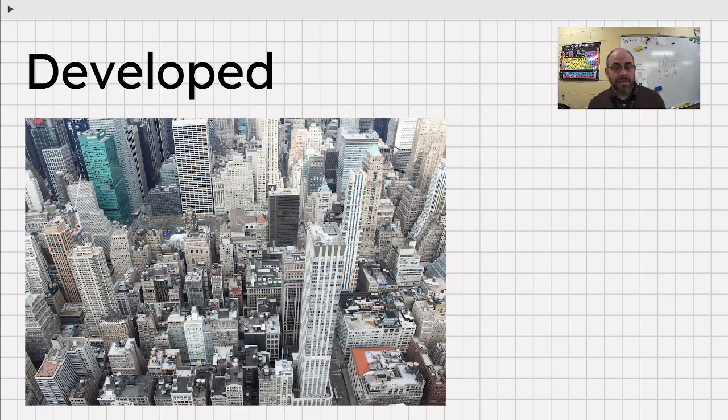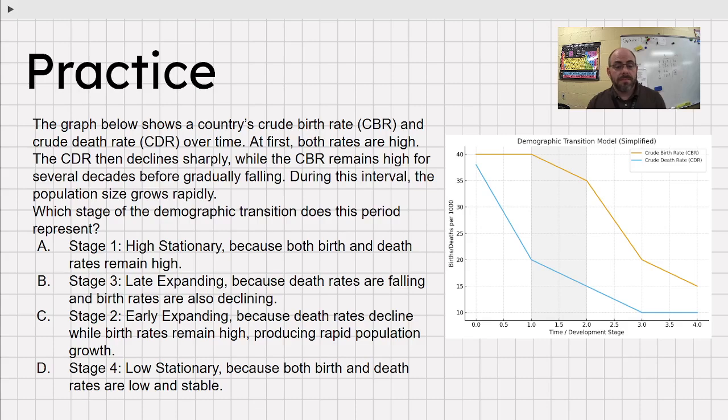Everyone's centralizing in these great big places where people live on top of each other, which is going to cause people to want to have less children, as a rule. And so as a country becomes developed, you're going to see those population rates decrease and even begin to decline. This is just the normal way of things. It's been studied. Let's look at a practice problem.